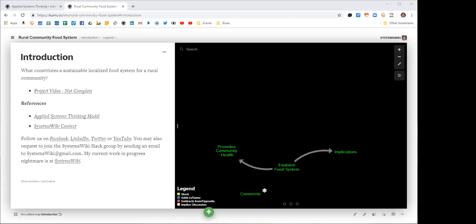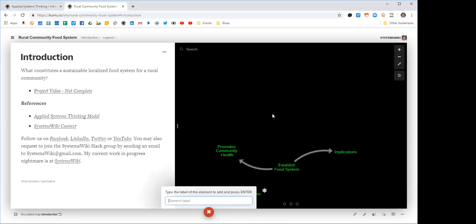Okay, so then at this point, I think we're looking at what is it that we have to do to begin to establish this food system? What is it that supports it or enables it directly? Local production and local consumption. I mean, very simple.